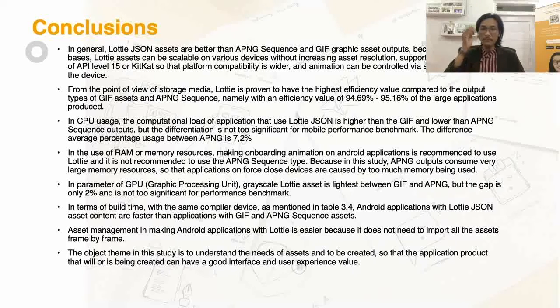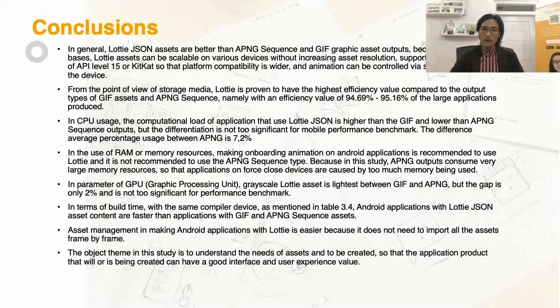And an application can be controlled via standard triggers on the device like swipe, scroll, tap, double tap, and others. And second, from the point of view of storage efficiency, Lottie is proven to have the highest efficiency value compared to GIF assets and APNG sequence outputs.